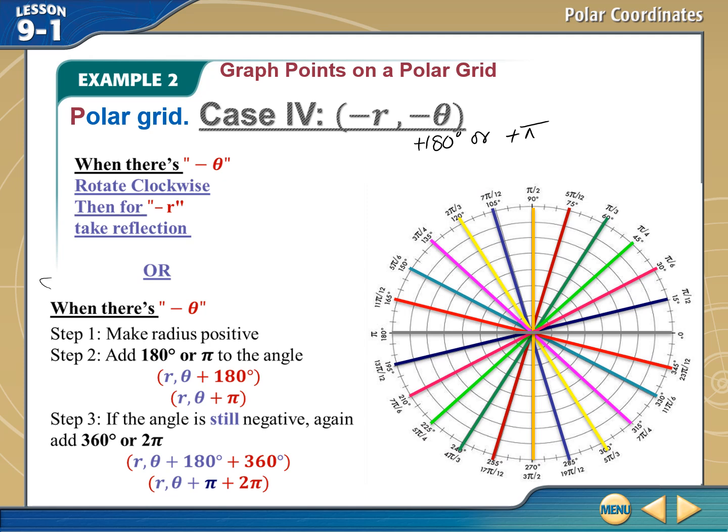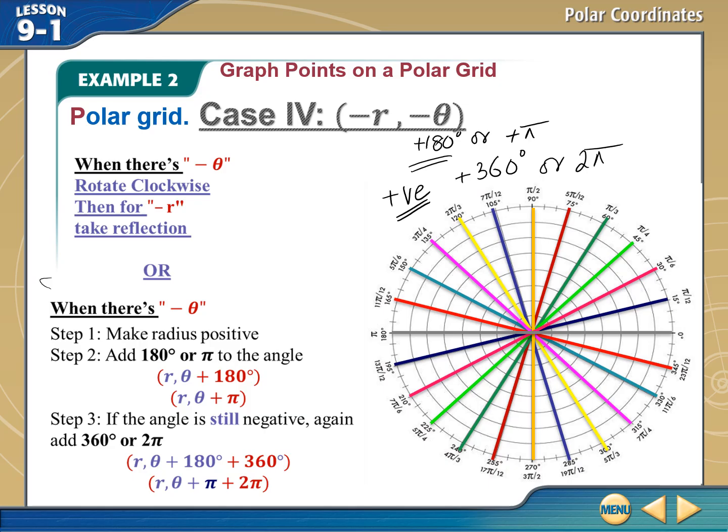Now if you get a positive angle, that is your destination. If the angle is still negative, then again add 360 degrees or 2π to make the angle positive. And that's all. Consider r as a positive value and there is no need to do anything else.